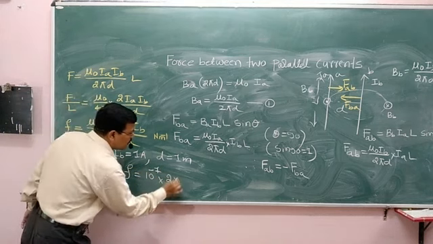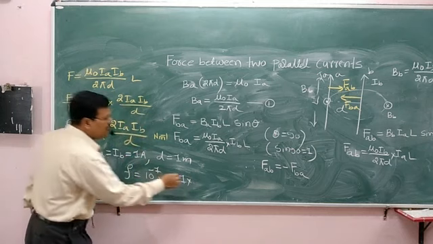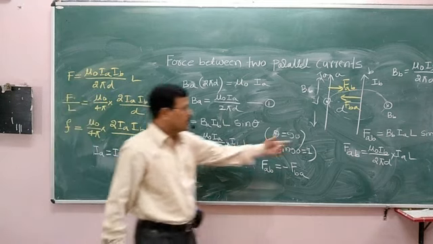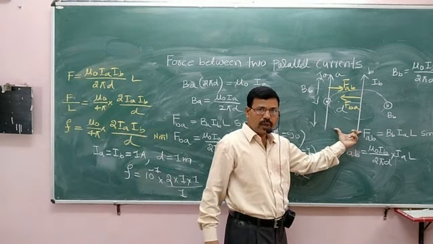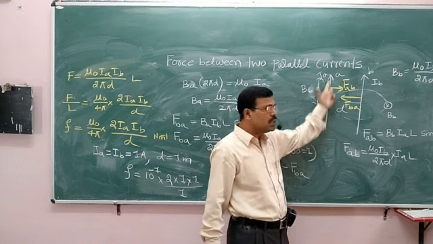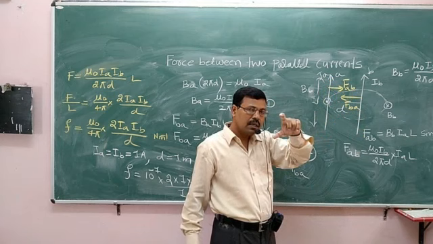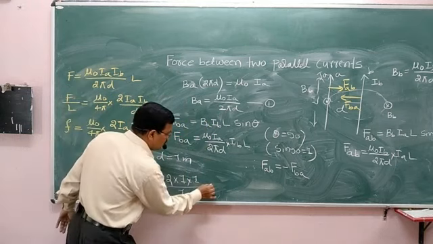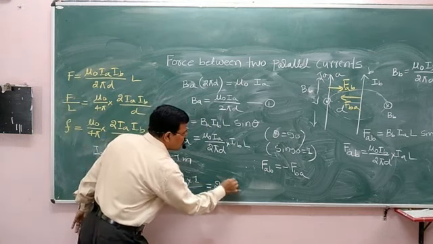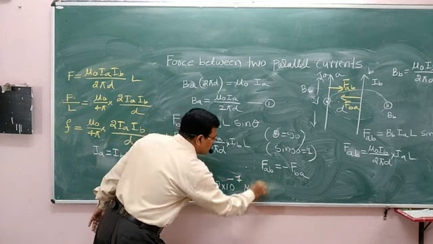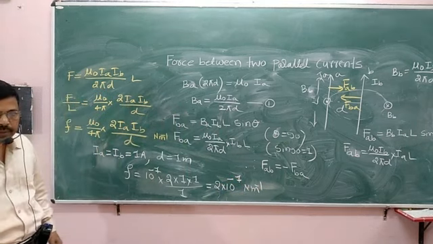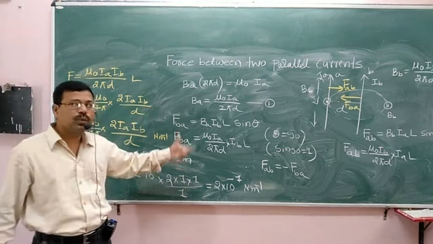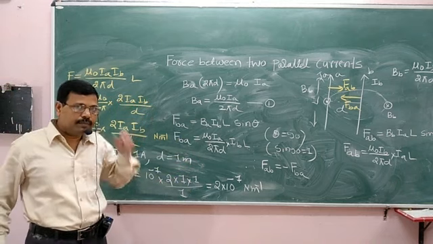Ia is 1 ampere, Ib is also 1 ampere and the distance is 1 meter. Each conductor is maintained with a constant current of 1 ampere. Then the force would be 2 into 10 raised to minus 7 Newton per meter. Or in other words, each conductor would experience a force of 2 into 10 raised to minus 7 Newton.